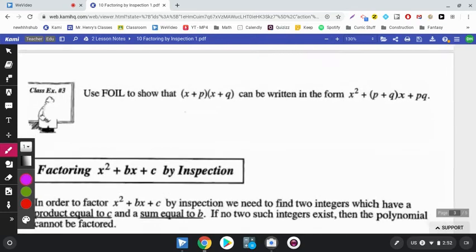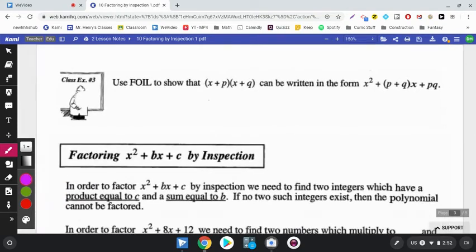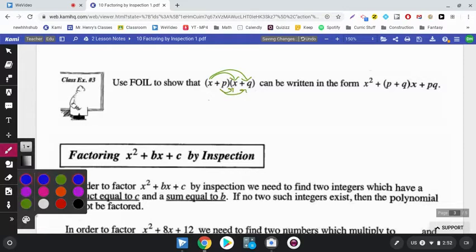Next example, it says use FOIL to show how we can write this. Well, FOIL would be multiply the x and the x to get x squared, multiply the x and q, p and x, and p and q. So if I multiply that out, x squared plus qx plus px plus the product of pq.